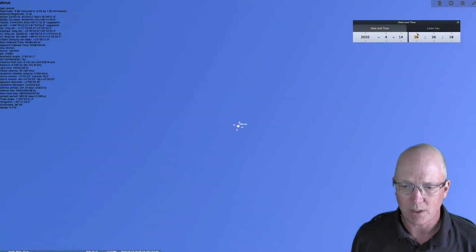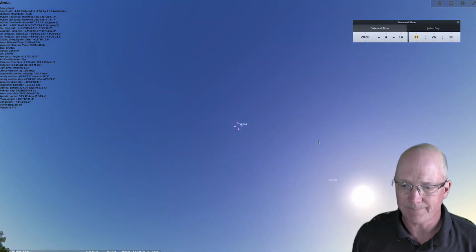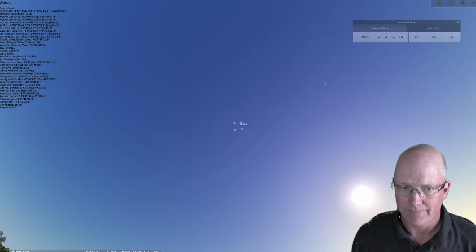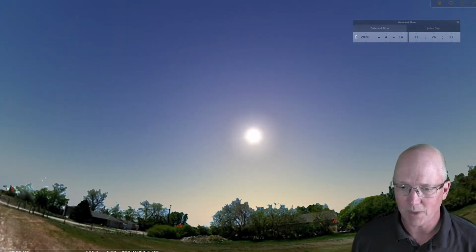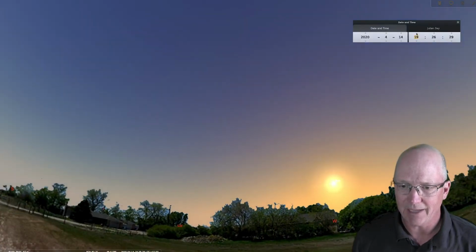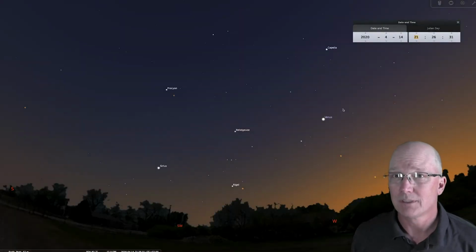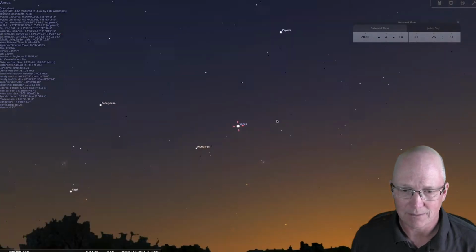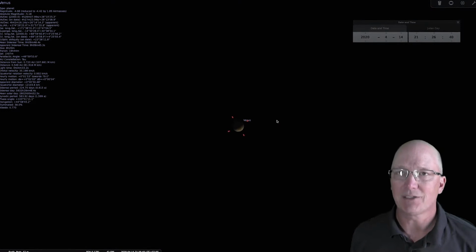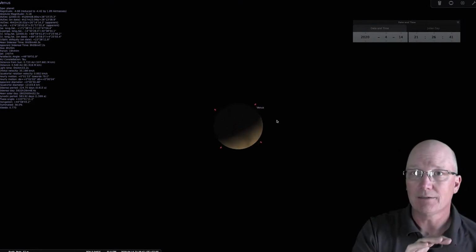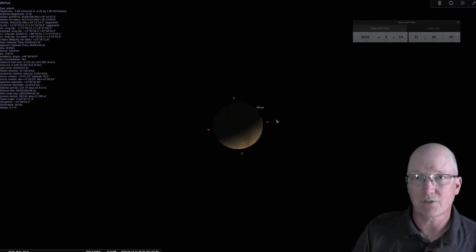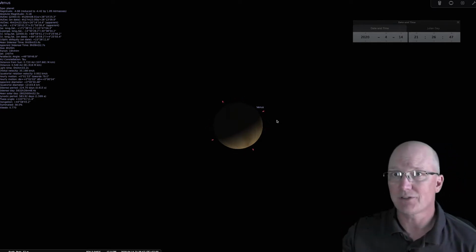If I look at where Venus is relative to the sun, we'll see that now, looking to the west, the sun is setting and Venus is still up. If I zoom in on Venus, you're going to see that the other half of it looks lit, because Venus is now on the other side of the sun. So we can tell that in the course of just a few months, Venus has moved from one side of the sun to the other.